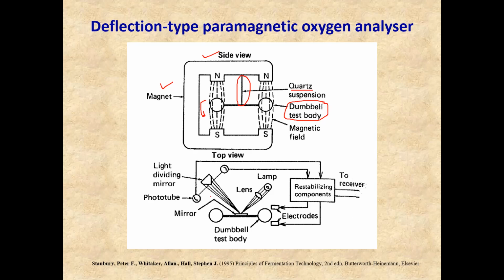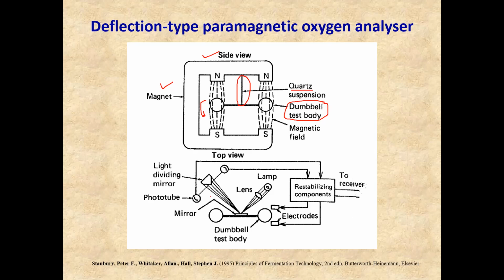Okay, summary: this is a sensor that will tell you the oxygen concentration in your inlet or exhaust gas, and it exploits the property of oxygen that it displays paramagnetic behavior and has a strong affinity for a magnetic field.